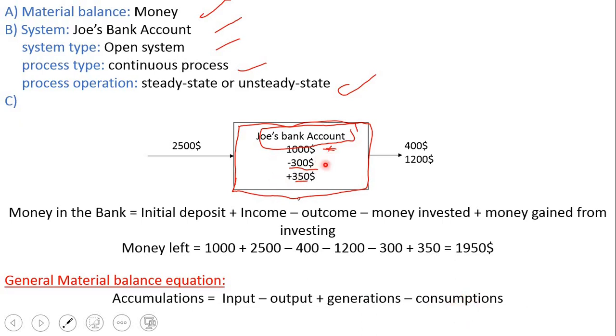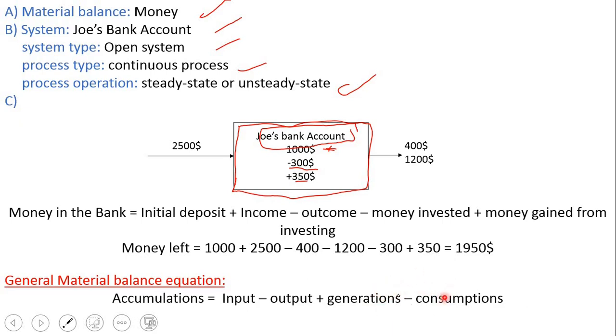In this example, it will be the investment that happened in the system without Joe's involvement. These generation and consumption terms, we use them to state if there is a chemical reaction happening in the system. So it's one of the important things to understand.